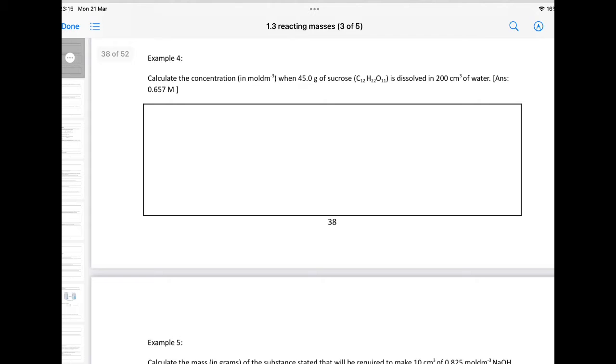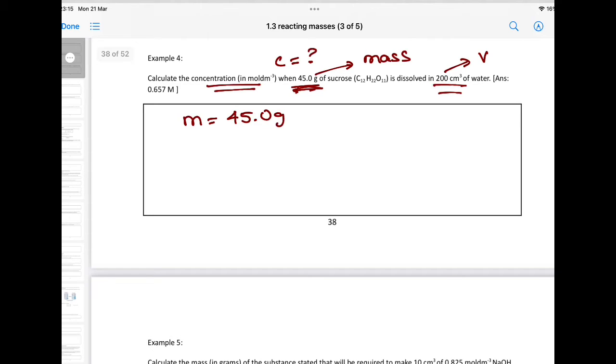Example 4. You need to find concentration. You have 45 grams of glucose, so this is the mass, and this is the volume. So mass is 45 grams, and you need to find concentration in mole per dm³.